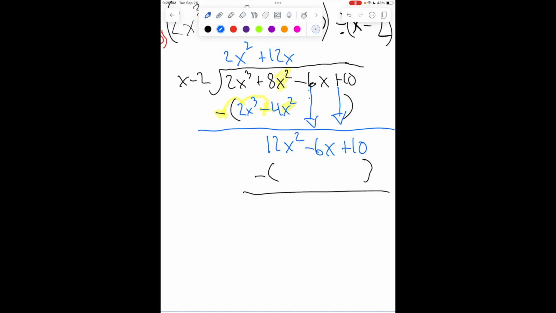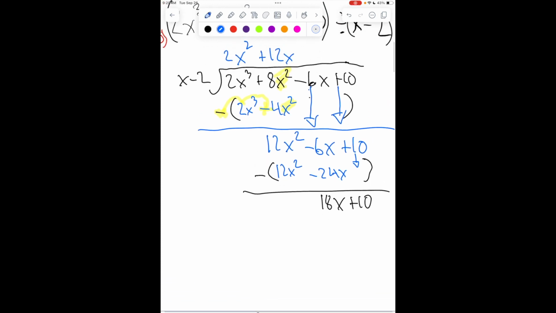Let's say 12x times x is 12x squared. 12x times -2 is -24x. And I will still have to bring this down. This stuff cancels out. Again, distributing this negative, it turns into -6x plus 24x. And that's going to give me positive 18x. And I got to bring the plus 10 down.